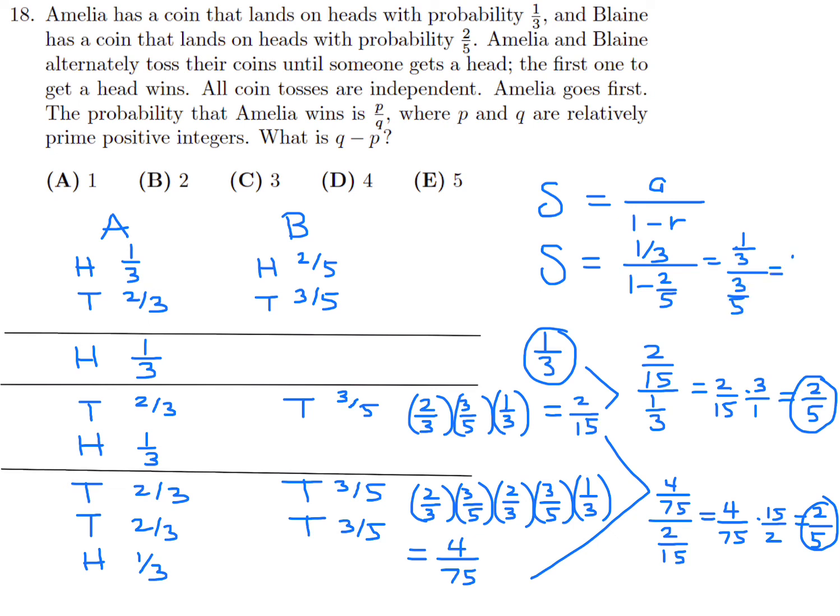So invert and multiply, and we get 1/3 times 5/3, and that is 5/9. So 5/9 is my answer, and that it represents the P over Q. And they want me to figure out Q minus P. Well, that would be 9 minus 5, which is 4. So number 18, very good question. The answer is D.